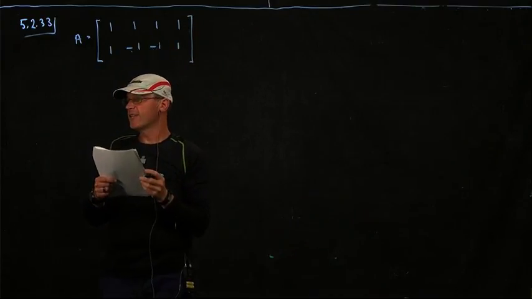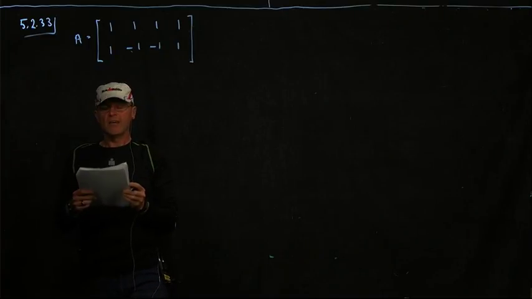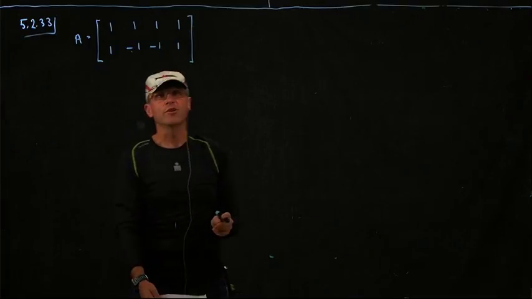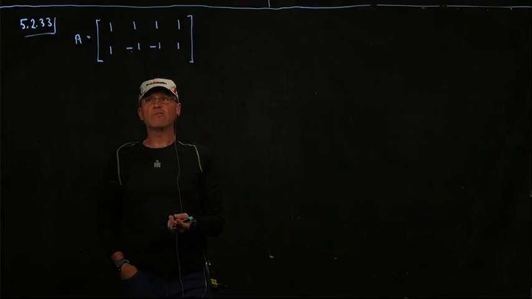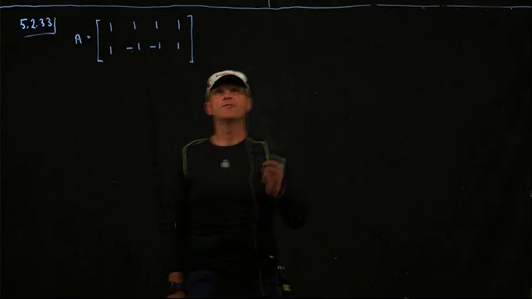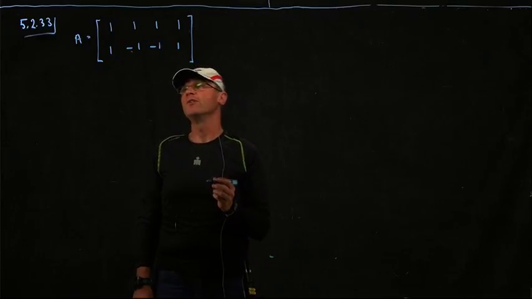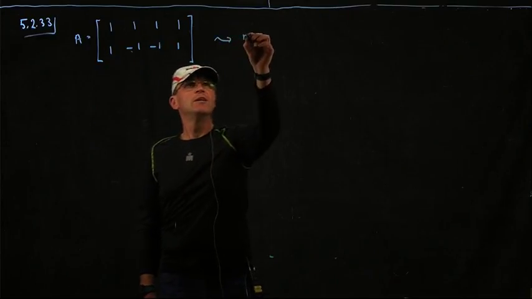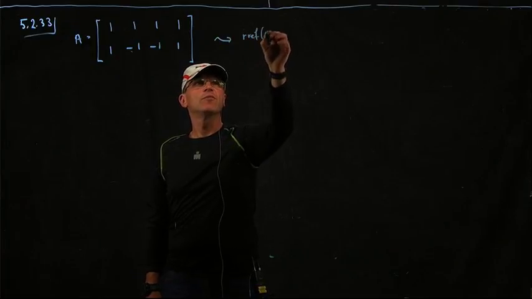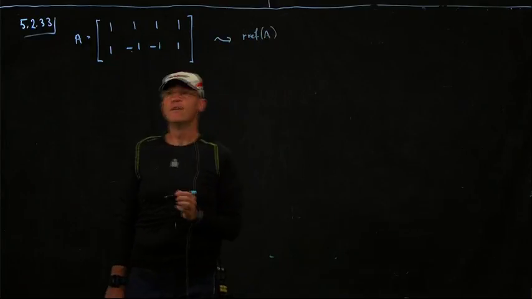And the question is to find an orthonormal basis for the kernel. So first off, we have to find the kernel, right? So what do we do? Well, we want to go to the reduced row echelon form of A.